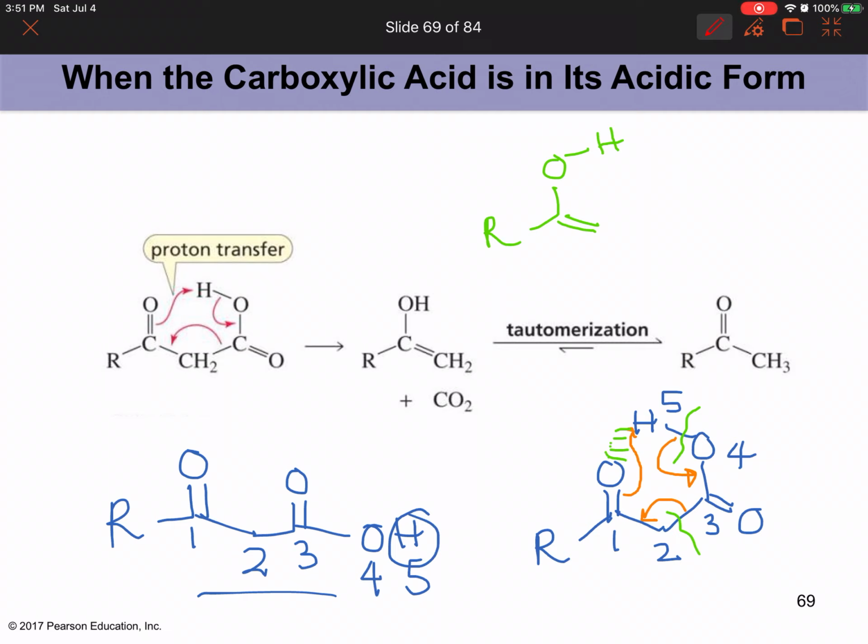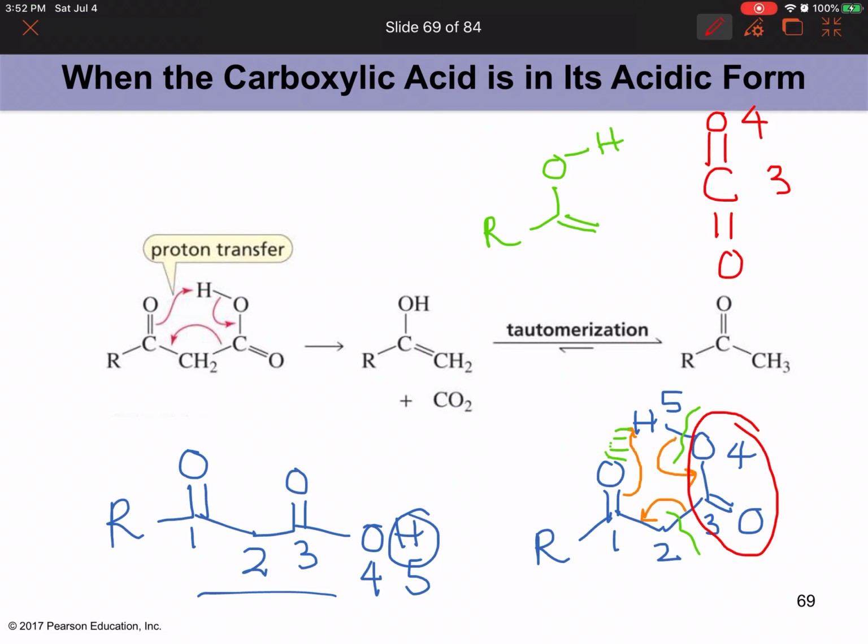Okay, now from here, this part is going to form. Do you see that? Between 3 and 4, carbon and oxygen. This oxygen is the 4th, and then this is carbon 3, and that has an oxygen.